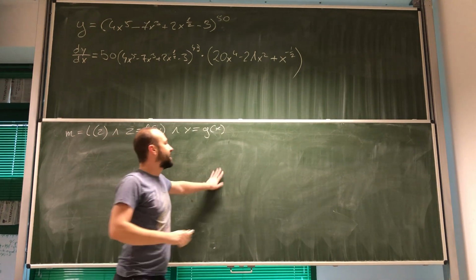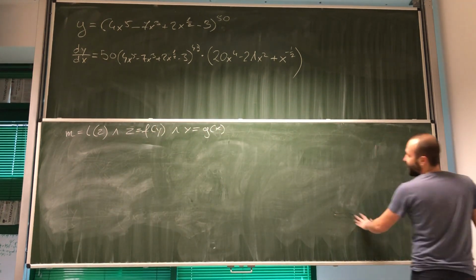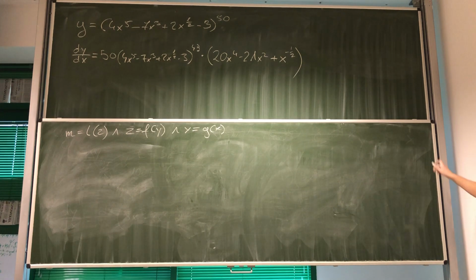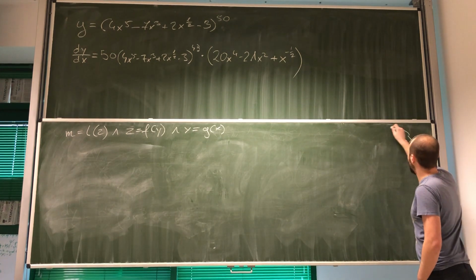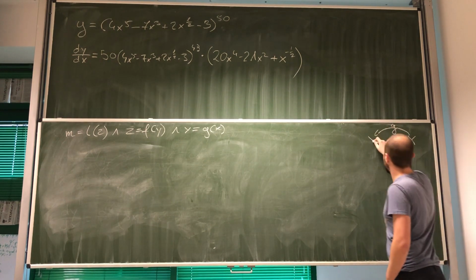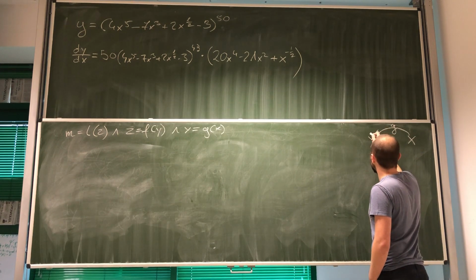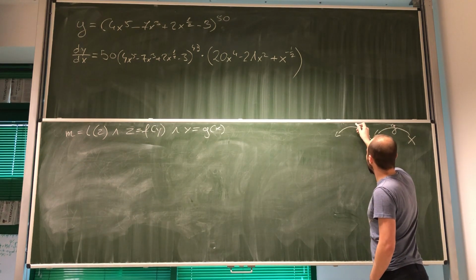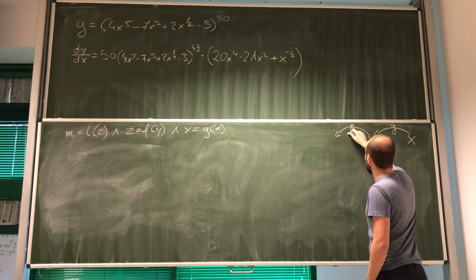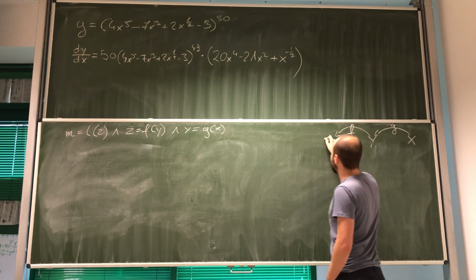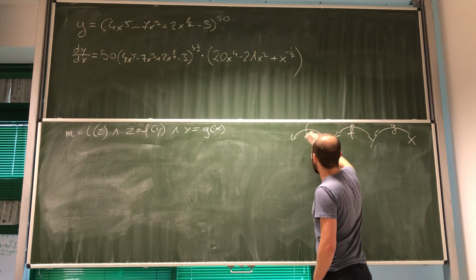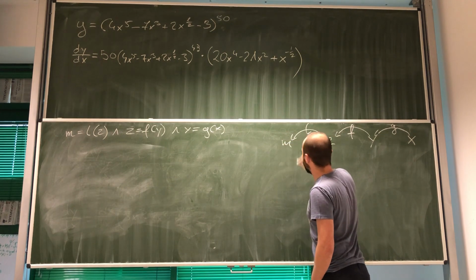Again, we can demonstrate a chain of causality over here. When x changes through function g, y changes. If y changes through function f, z changes. When z changes through function L, m changes.